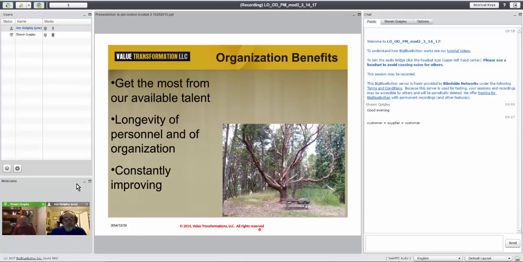Which feeds right into the next one: longevity of your personnel and of the organization. A lot of times, organizations will go outside of the organization to hire senior personnel. Why would an organization do that, unless they're missing that talent, which means they haven't developed their organization or don't have a structure?